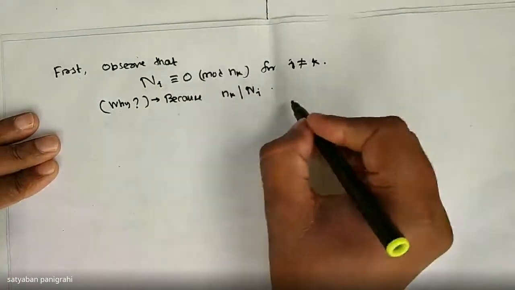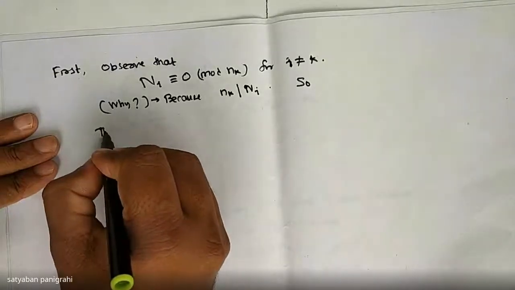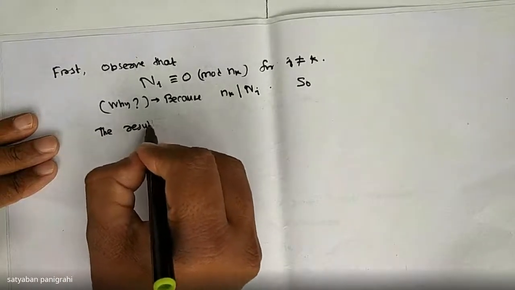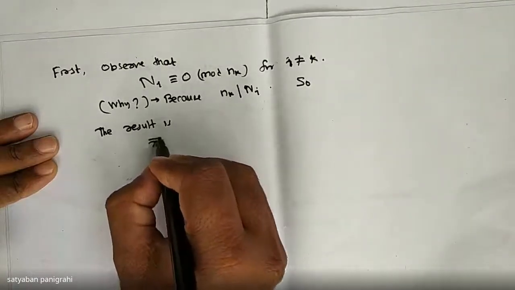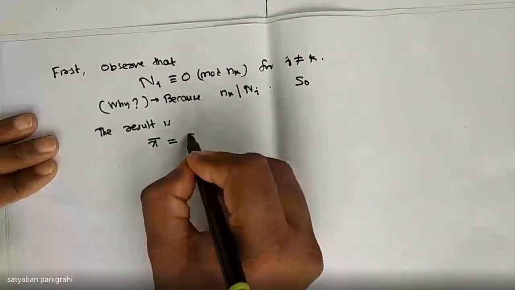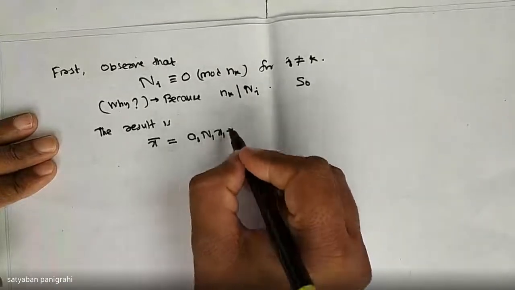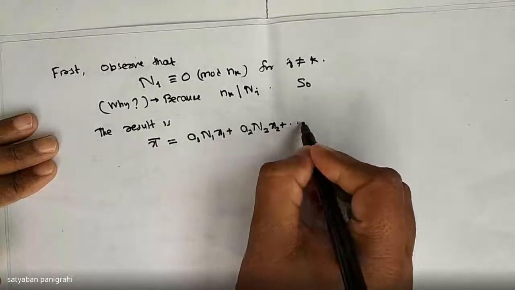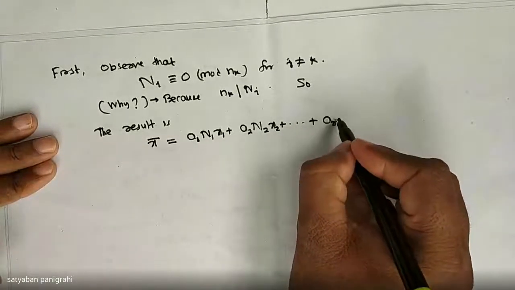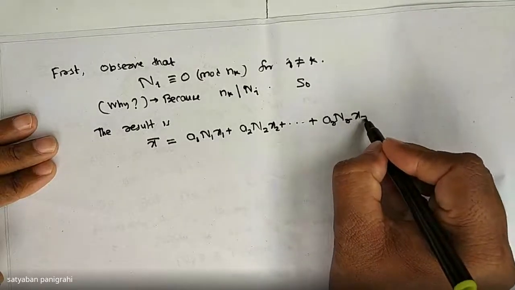So the result is we can have x bar equals a1·n1·x1 plus a2·n2·x2 plus up to ar·nr·xr.